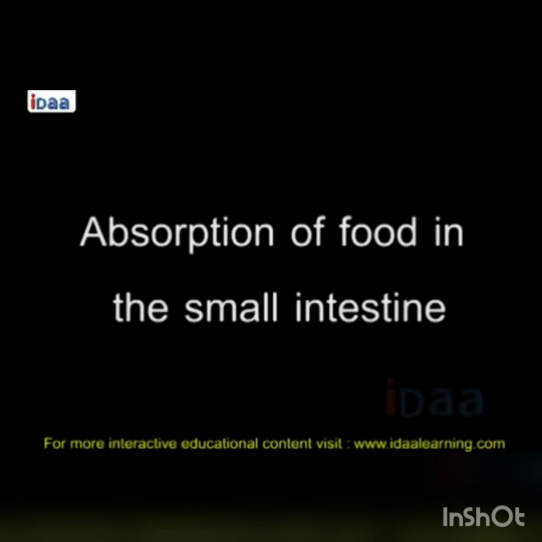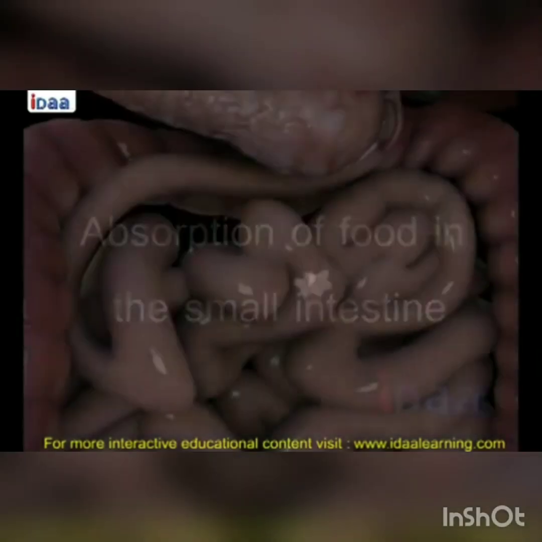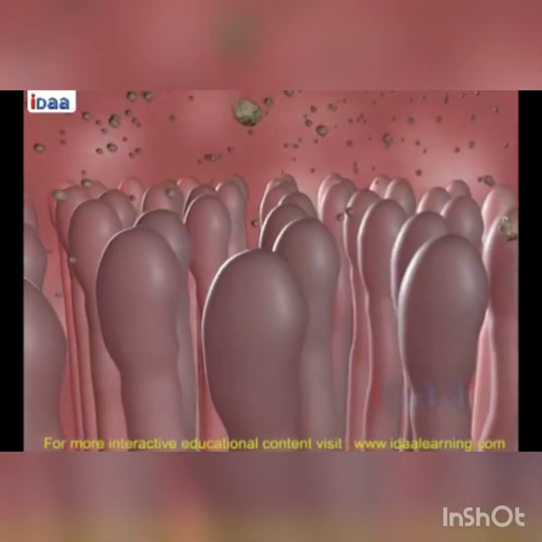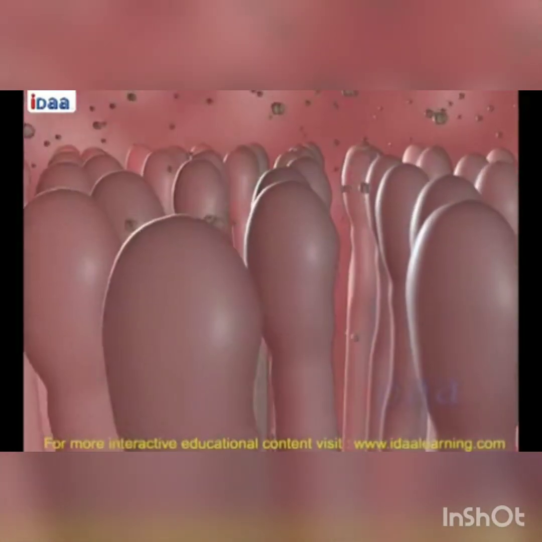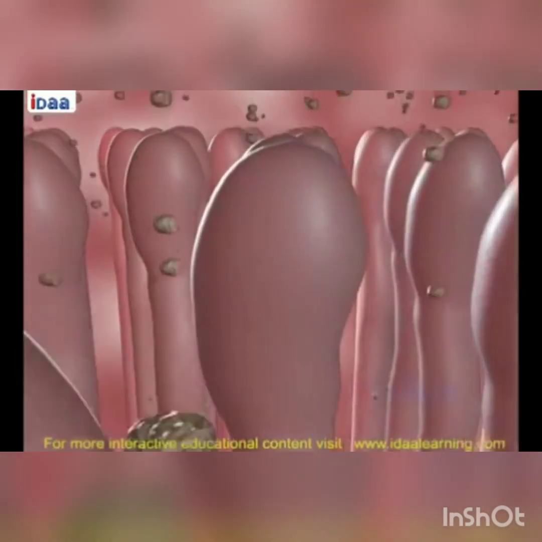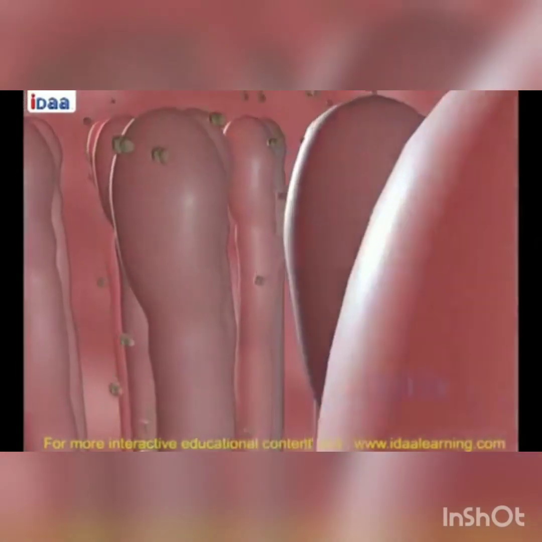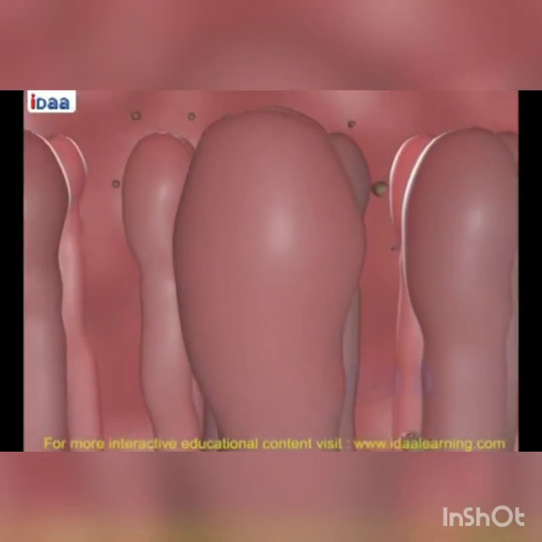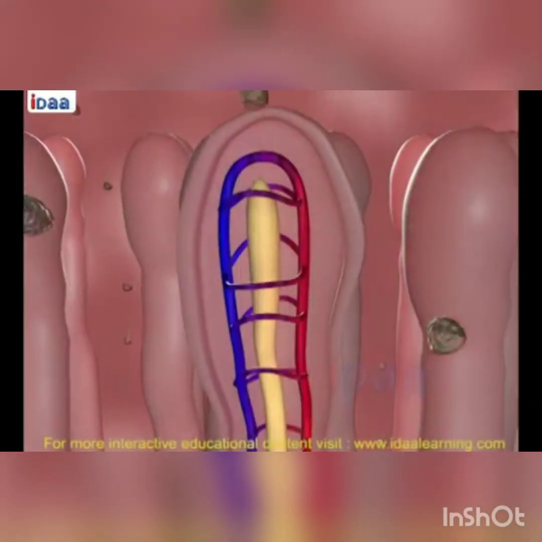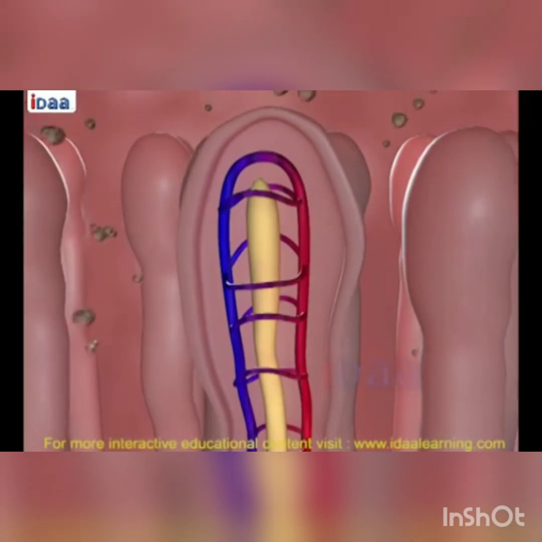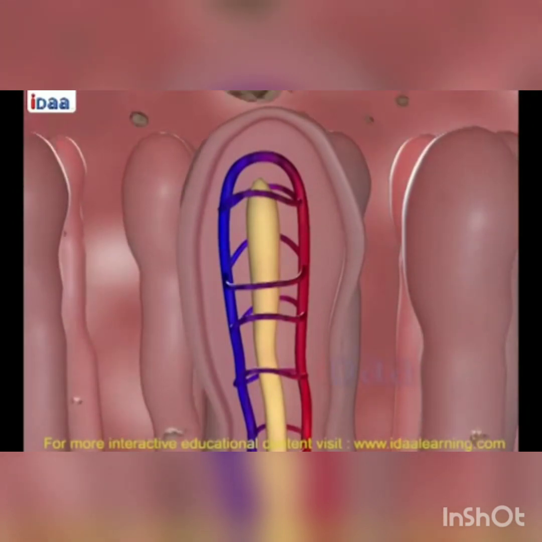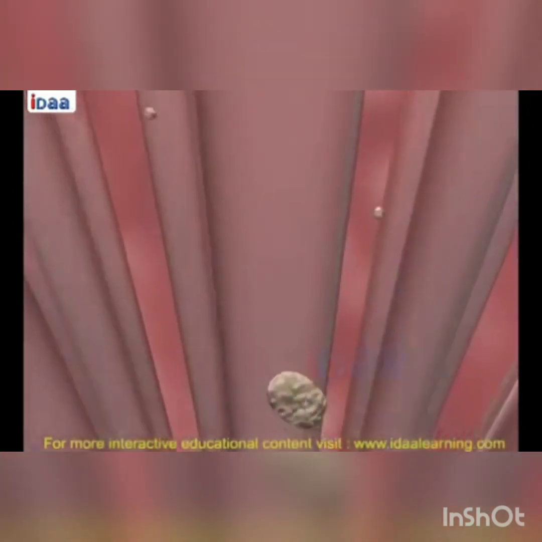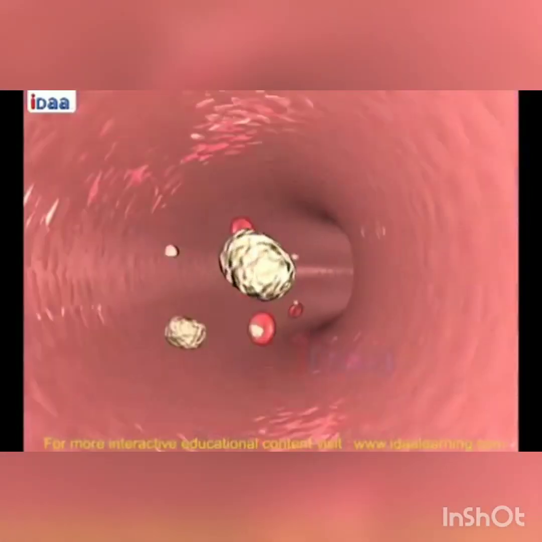Absorption of food in the small intestine. The inner wall of the small intestine has finger-like projections called villi. Villi have a network of thin blood vessels close to the surface. The villi increase the surface area for absorption of food and absorb the digested food material.